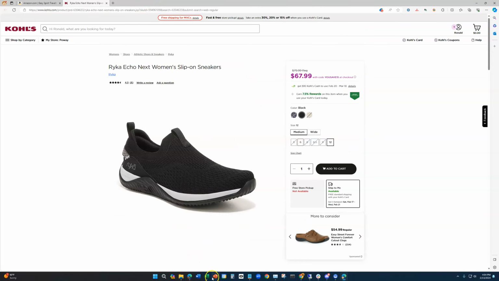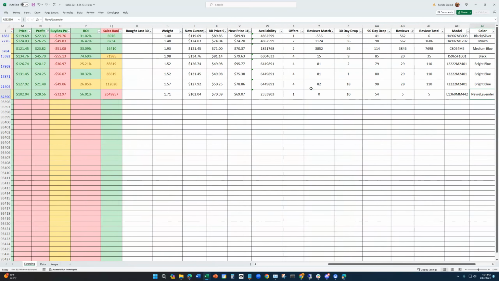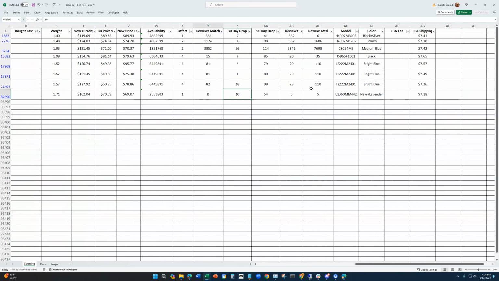So if I go back to my list here, I could check out other ones as well. I can also look on the side if I want to look at the reviews just to see what kind of reviews these have. So, it seems like you're looking at some pretty good variations of those listings. Obviously, something like this has a ton of reviews, and it's maybe half of the total reviews on a listing.